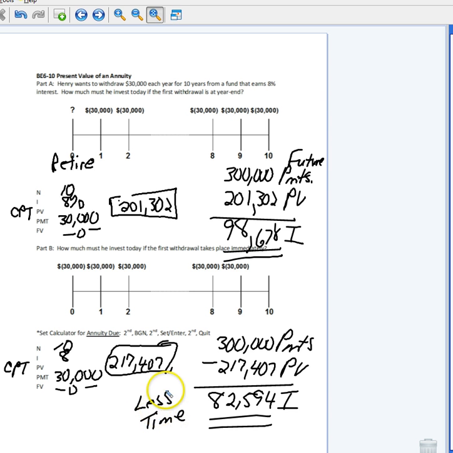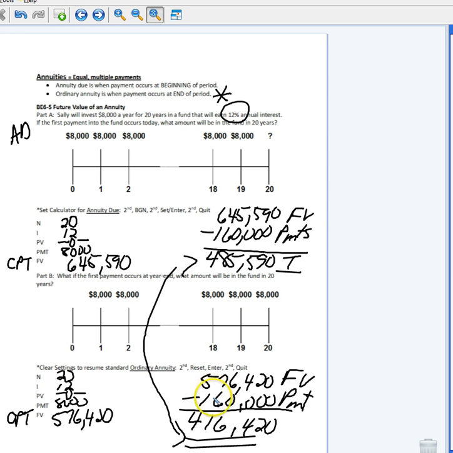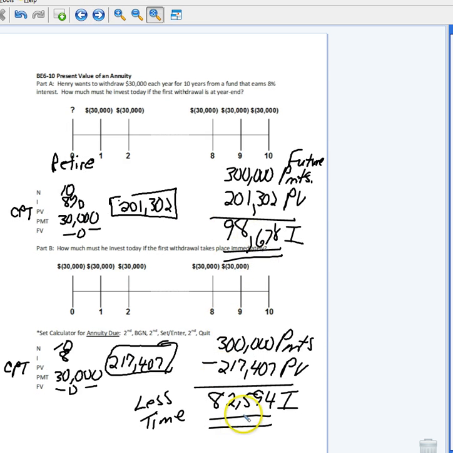These are withdrawals. So notice when we did this earlier, when it was a future value, we had a slightly different scenario. Again, he has less time. He's going to start withdrawing today, so there's less money that he's leaving in.